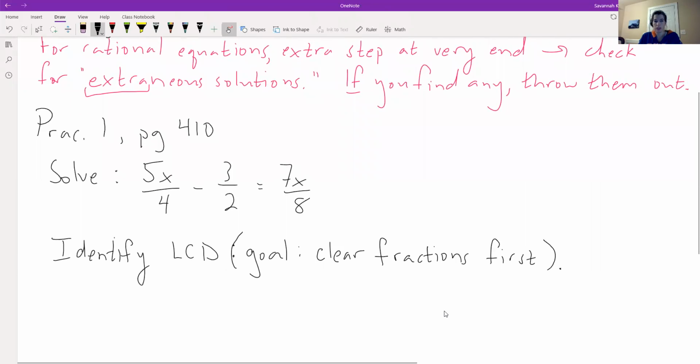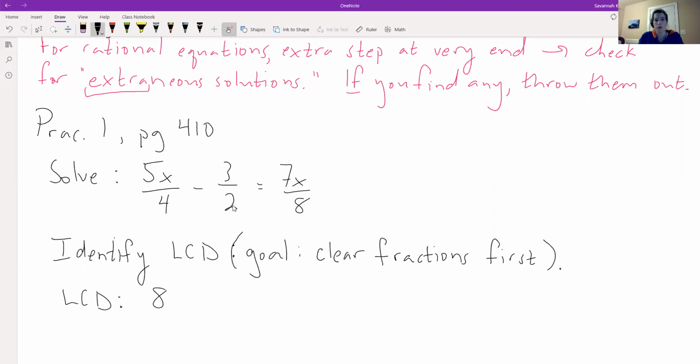We're going to use the LCD to do that. So for us, in this problem, the LCD is not too difficult to find. We're looking for the smallest number, or the smallest expression that all three of our denominators will divide into. And as a matter of fact, one of those three denominators actually is the LCD.